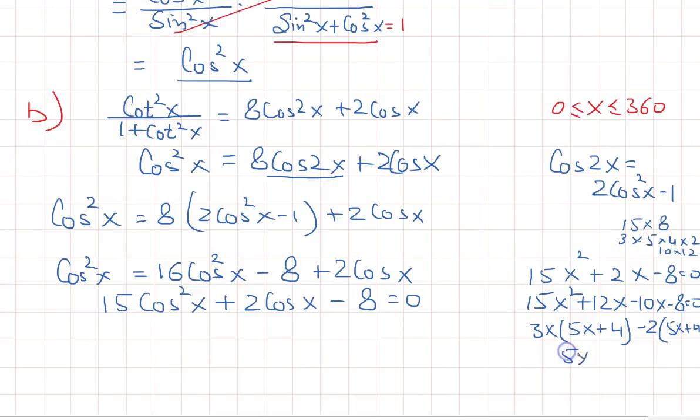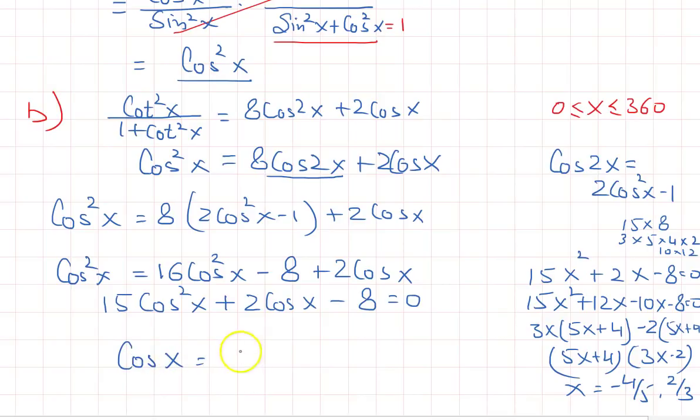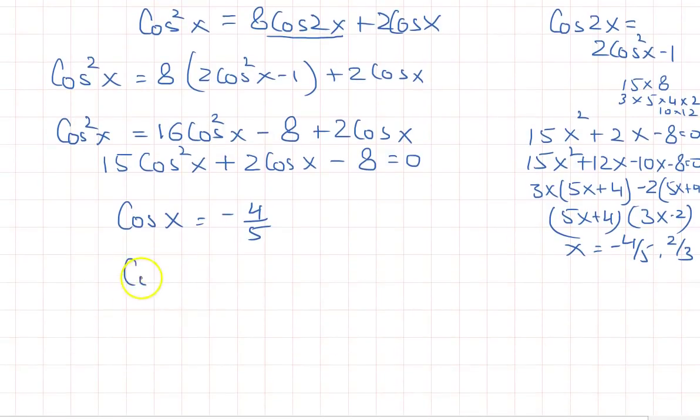So this is 5x plus 4 and 3x minus 2. So x will be minus 4 over 5 and 2 over 3. So cos x will be minus 4 over 5 and cos x will be 2 over 3.